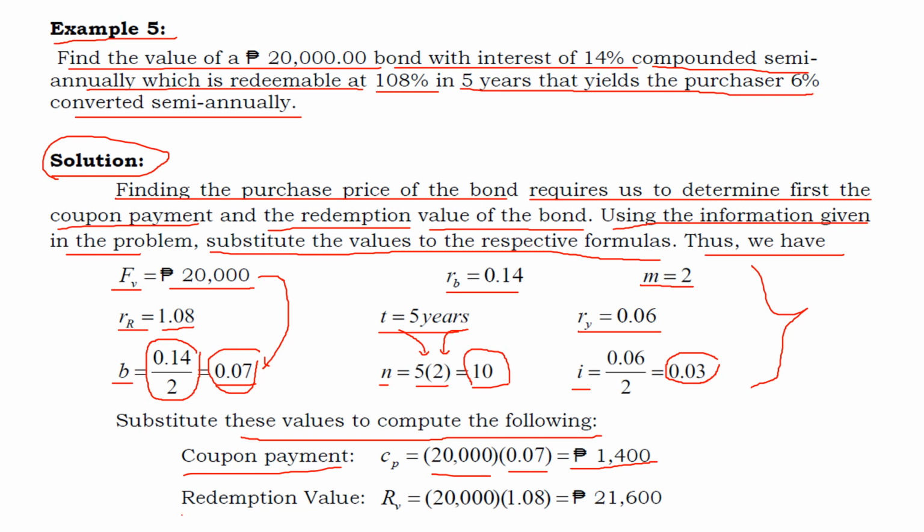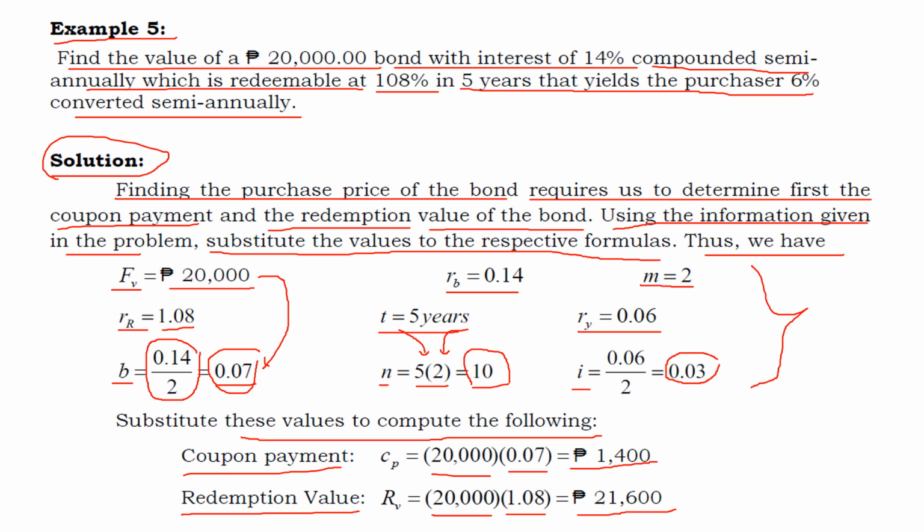Now for the redemption value, your redemption value will be F sub B multiplied by R sub R, which is 1.08. That will be 20,000 multiplied by 1.08, which is equal to 21,600 pesos.